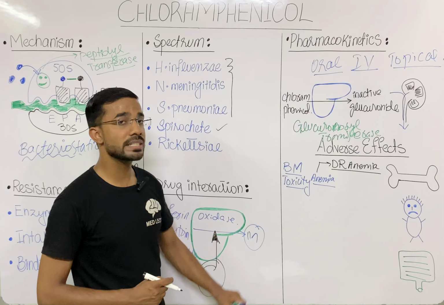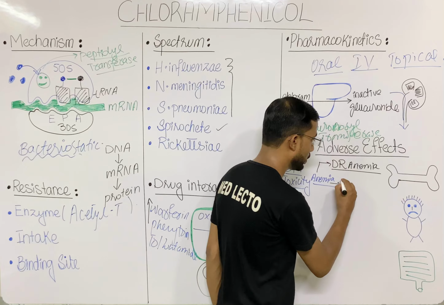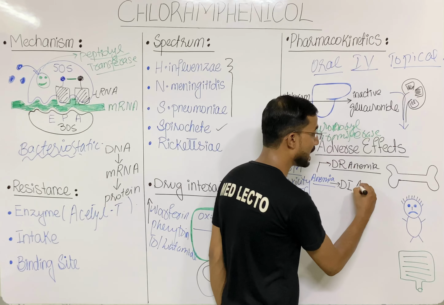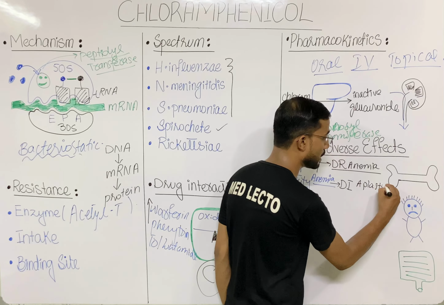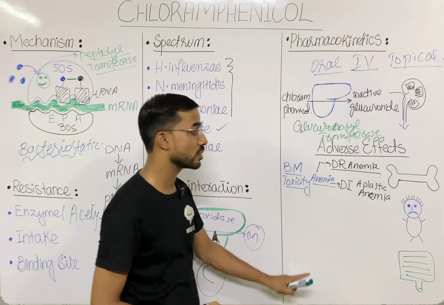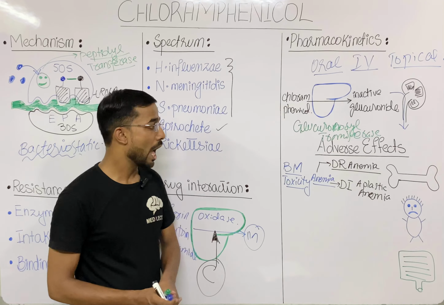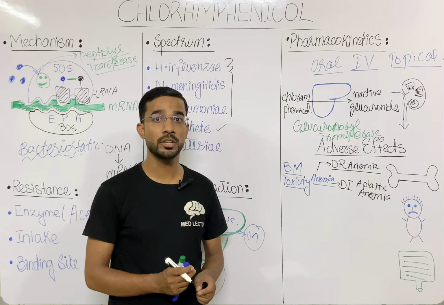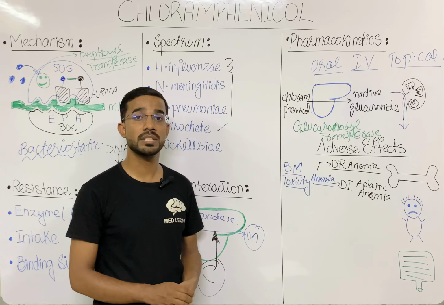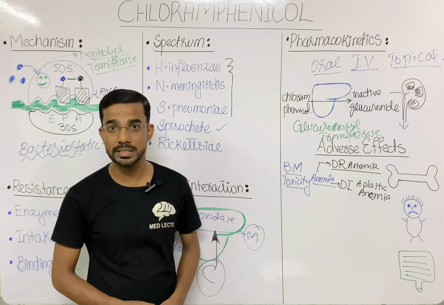Next, you will see the dose independent anemia, specifically aplastic anemia. Aplastic anemia is dose independent. It doesn't depend upon the dose of chloramphenicol. In aplastic anemia, you will see depression of all cell lines: reduced RBC count, reduced WBC count, and reduced platelet count.